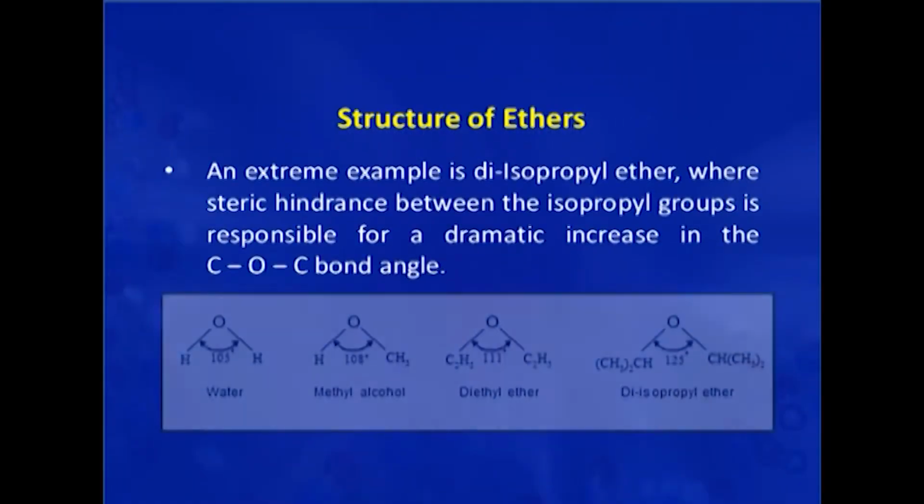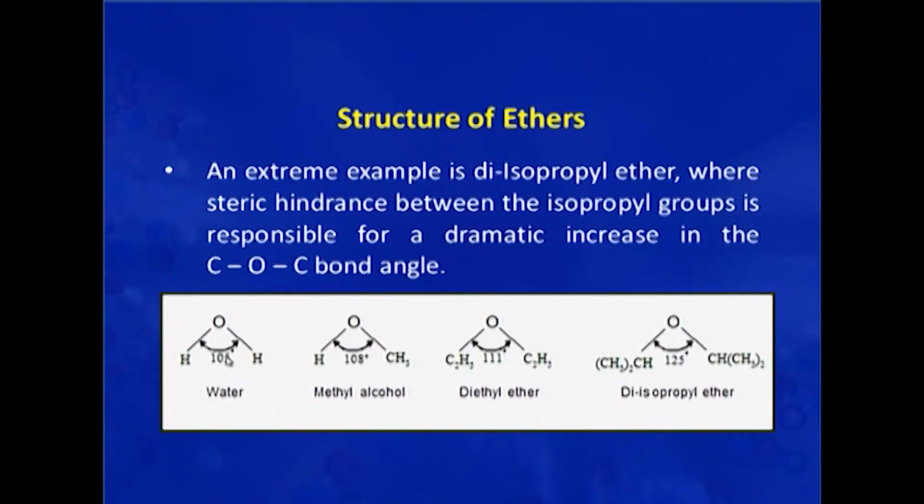In the case of water, you can see that there is distortion. The normal tetrahedral angle is 109.5, but here the angle is reduced to 105. The reason is the repulsion due to the lone pairs of electrons present in the sp3 hybrid orbitals of oxygen. The size of hydrogen also plays an important role.